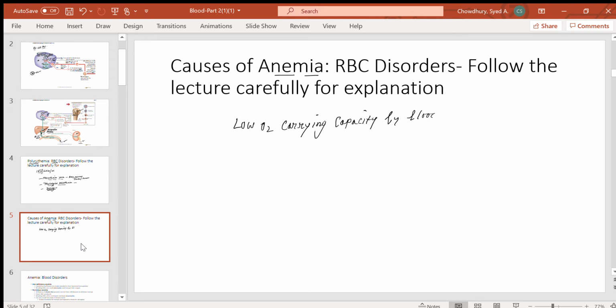And what can cause the low oxygen carrying capacity? If the red blood cell count is less, because we know that red blood cells transport or carry oxygen, right? So decreased number of red blood cells will cause anemia. Another condition is decreased amount of hemoglobin.